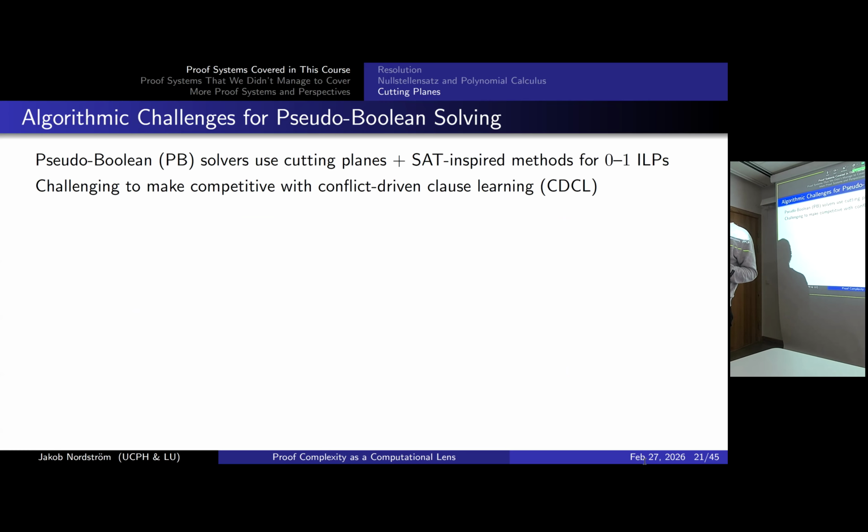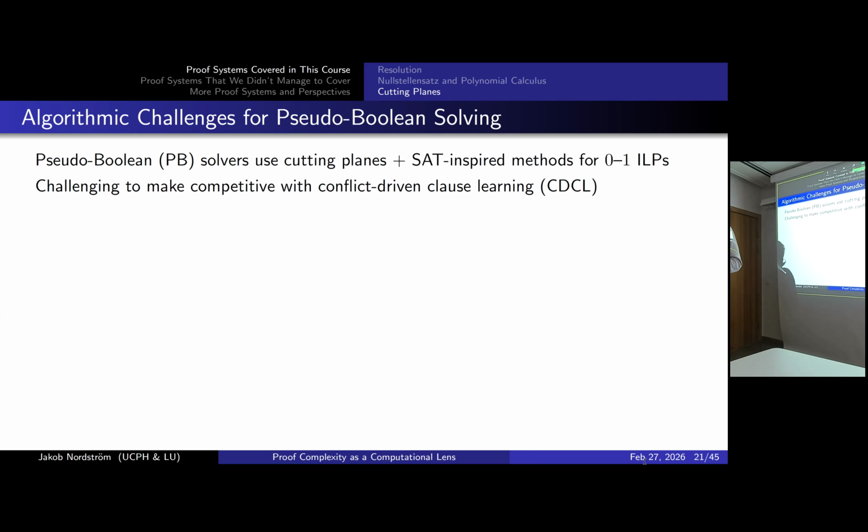So finally, because this is close to my heart, I guess: for cutting planes, we actually do have SAT-based techniques. There are so-called pseudo-Boolean solvers that use SAT-inspired techniques, but in the cutting planes proof system, to solve SAT problems, even to solve 0-1 ILPs.